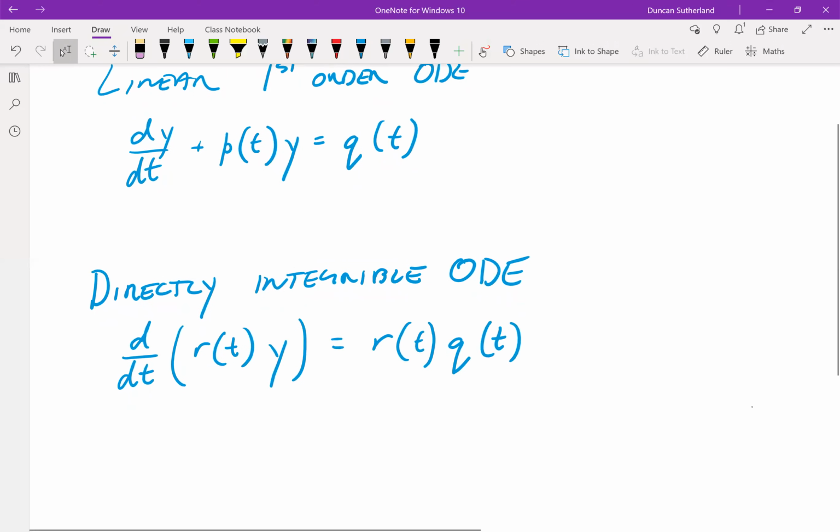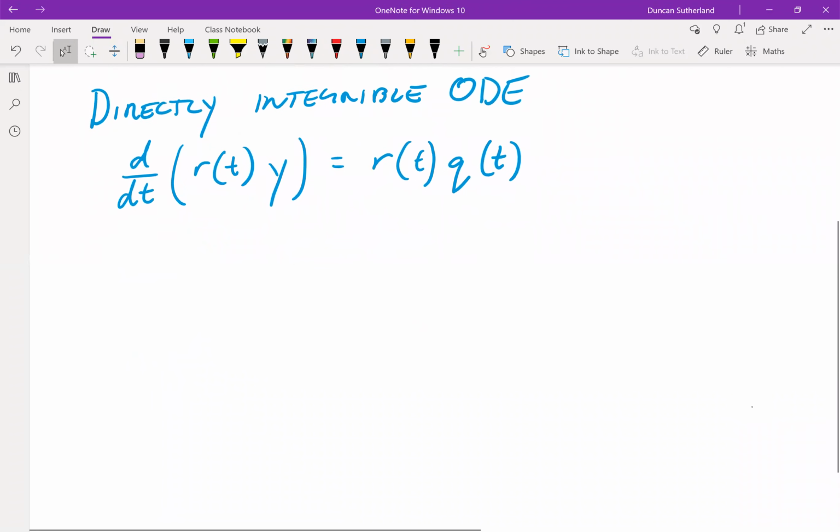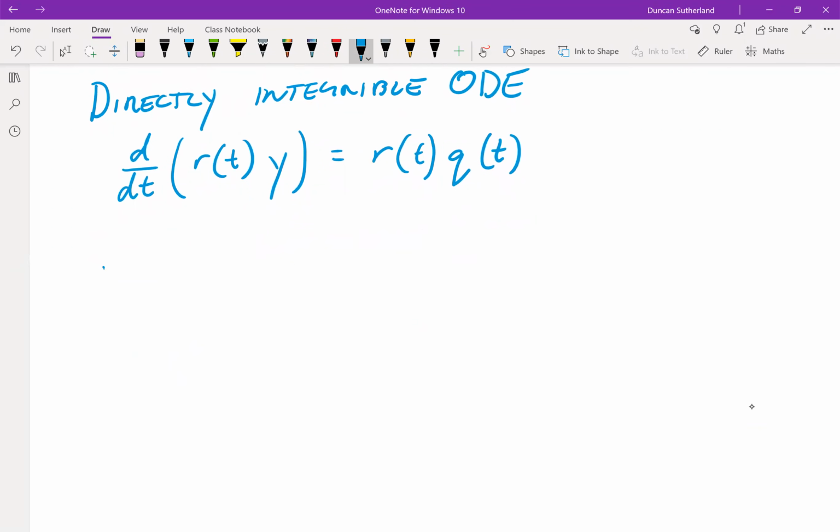We want to get from the directly integrable ODE to our solution, which turns out to be this.